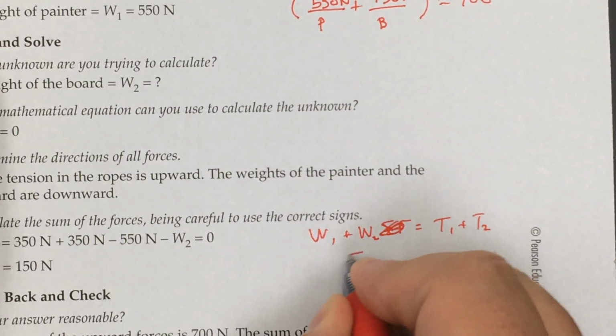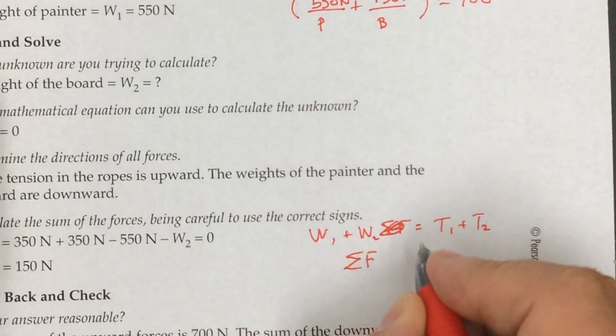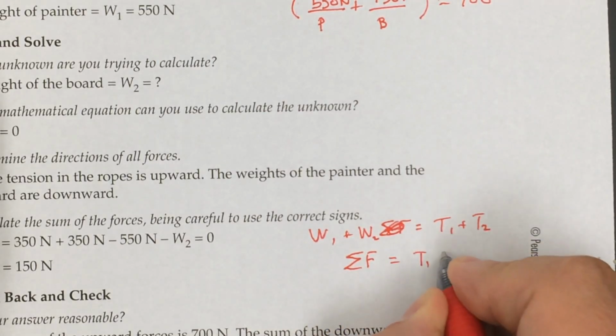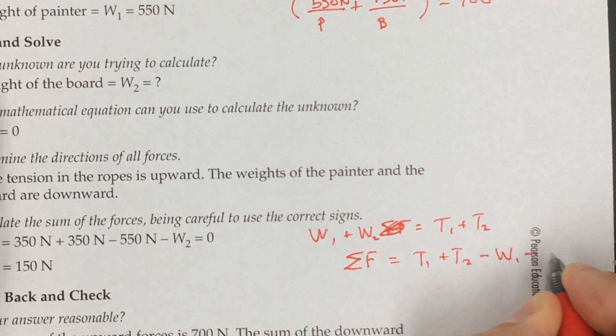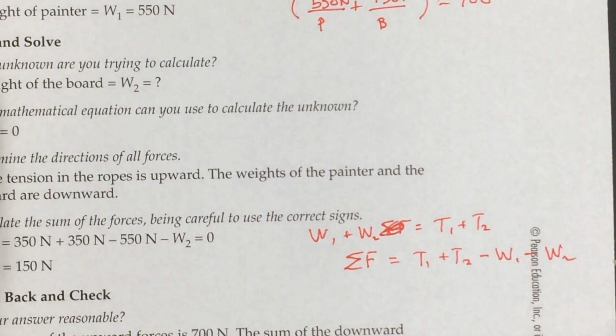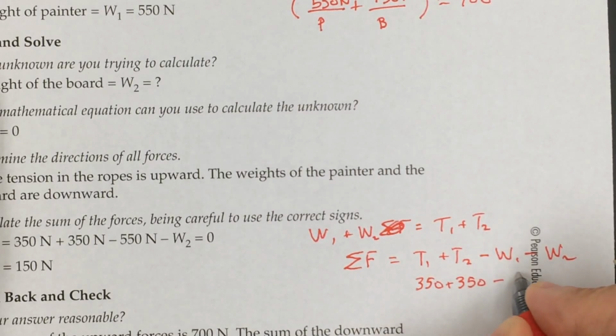So the sum of the forces, that's sigma, a Greek letter sigma, the sum of the forces is going to be equal to T1 plus T2 minus W1 minus W2. And so you fill in what you know. This is 350. This is also 350. This is 550.